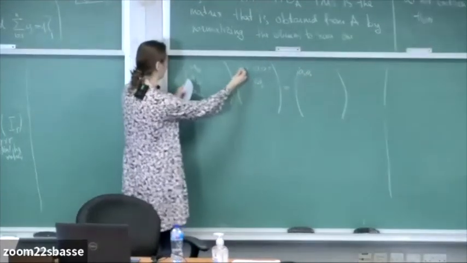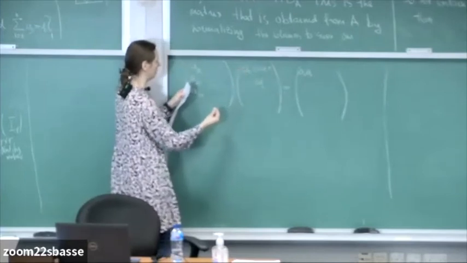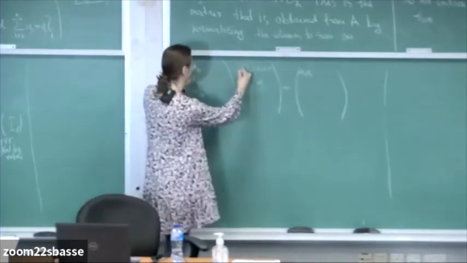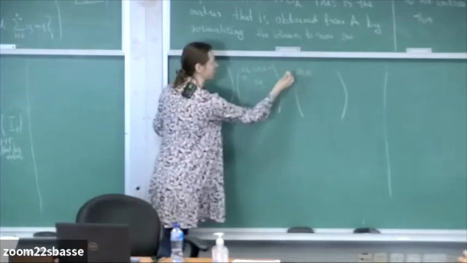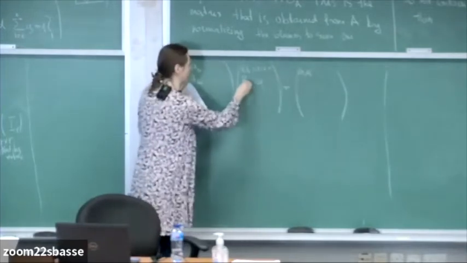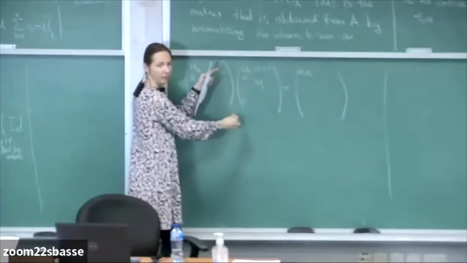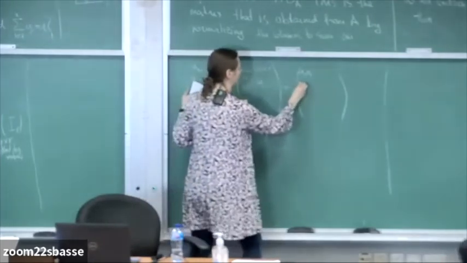Well, no, the first row in A gets multiplied by the first column in DA. Yes, but this is all zeros. So this entry will be A11 theta1 because here everything is zero, right? Oh, okay, sorry. And then one.